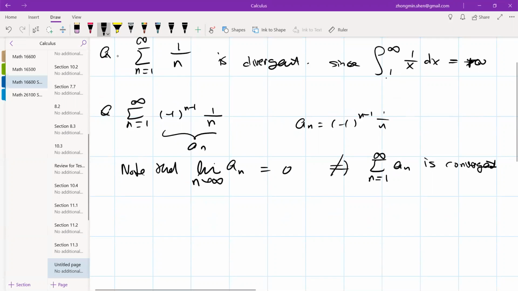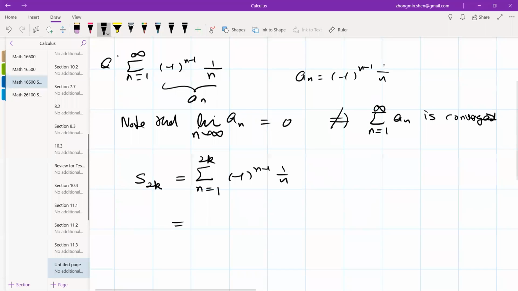You have to look at the partial sum. The partial sum, I'm going to use S_2k here. You have to list them pair by pair.